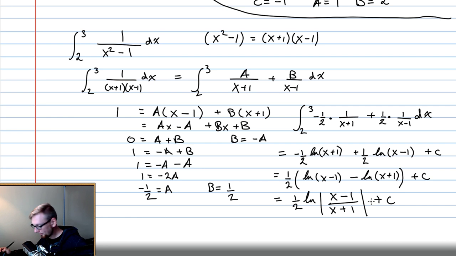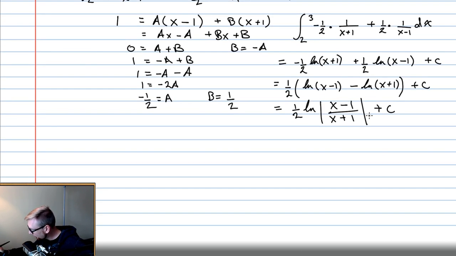And of course now we will plug in our values. We got from 2 to 3. So I'm going to erase this constant now. From 2 to 3. And I'm going to write it over here. This will be a little bit nicer.